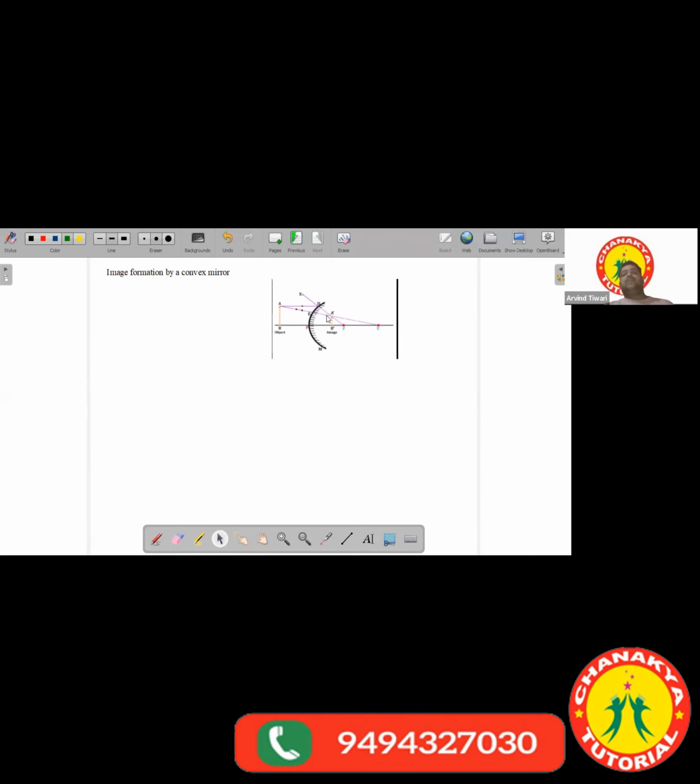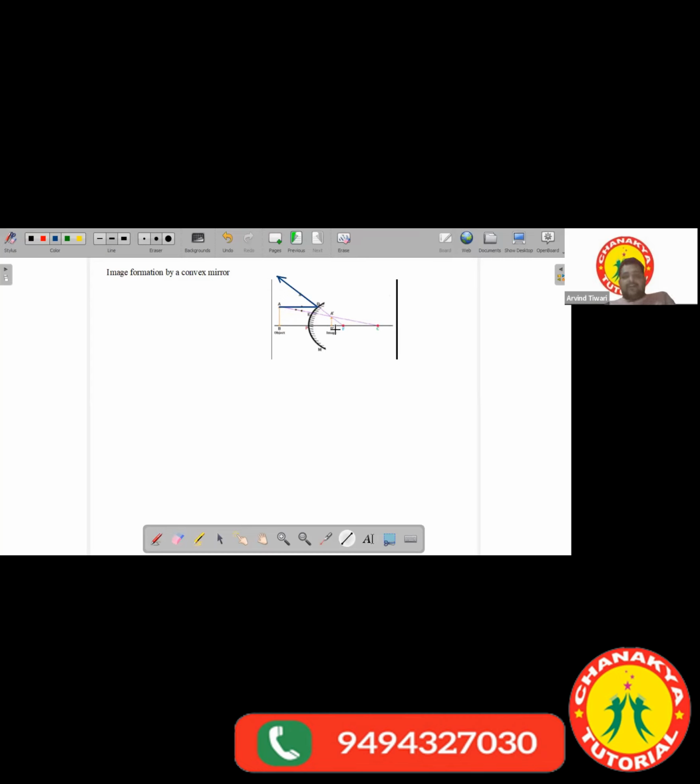As we can observe here, when the ray of light is parallel to the principal axis, the ray of light coming from the object passes parallel to the principal axis, and then it reflects back along the line of the principal axis. So it came parallel and now it goes like this, away from the mirror. Actually it is passing in line with the focus.